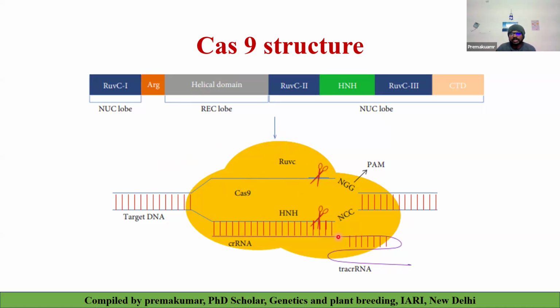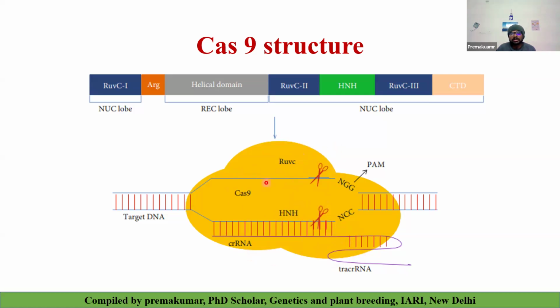As I discussed earlier, the Cas9 structure has two domains, the RuvC domain and the HNH domain. The HNH domain acts on the target strand and RuvC on the non-target strand. Where your single guide RNA comes and binds is called the target strand.